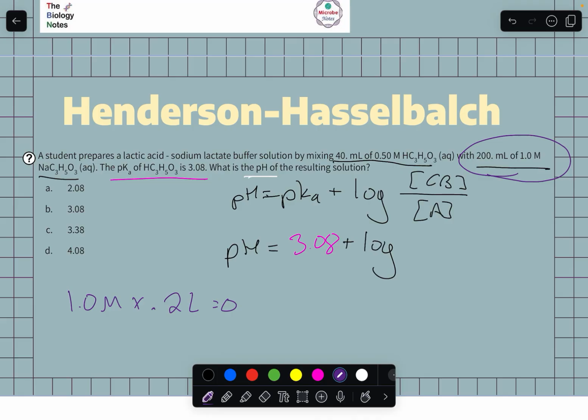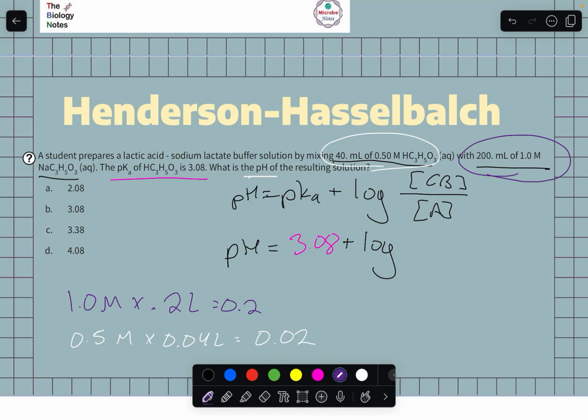Okay, for our acid, we have this one here. So the 0.05 molar times my 0.04 liters is 0.002.